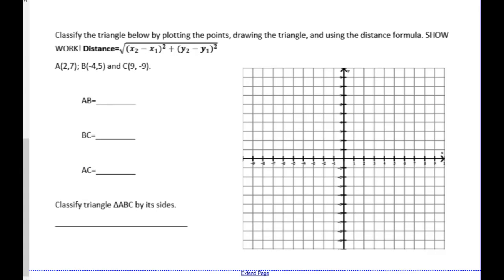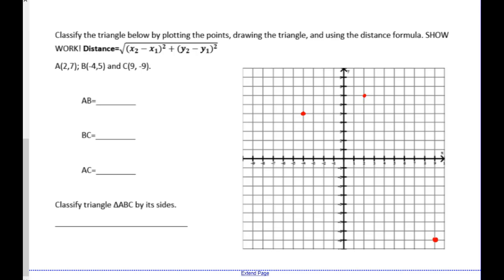So we want to first be able to plot these points, right? So 2, 7 for A. Please remember it's X before Y. Horizontal before vertical. So 2, 7, negative 4, 5, and 9, negative 9.